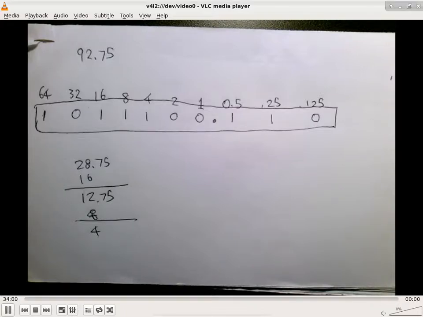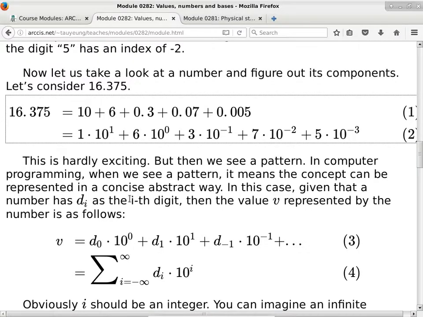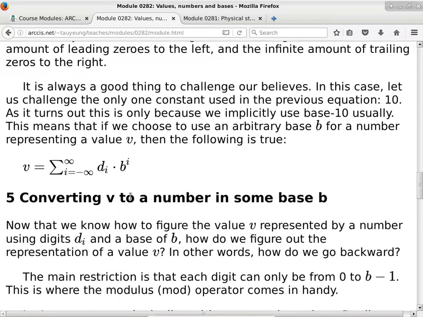All right, cool. So we have done the base conversion. With a common base multi-digit number, the value, which is V, is expressed by the number. D subscript I indicates the value of a particular digit, and I is the index of the digit. We start with 0. D0 would represent the quantity of a base to the power of 0.